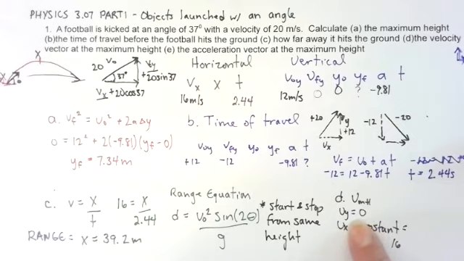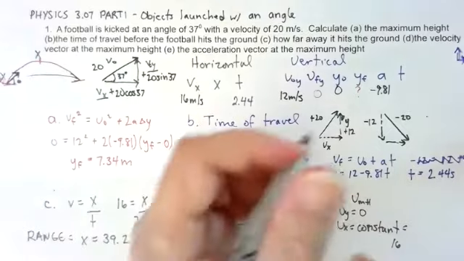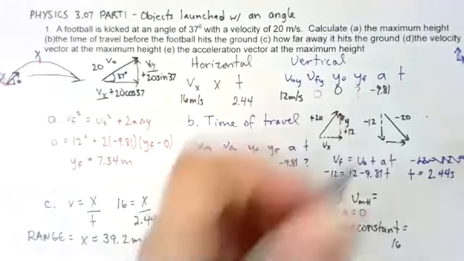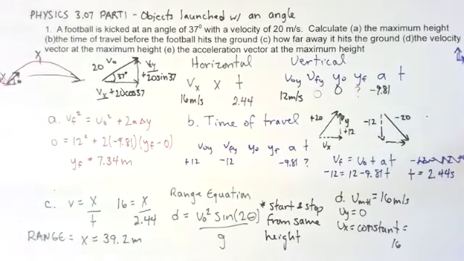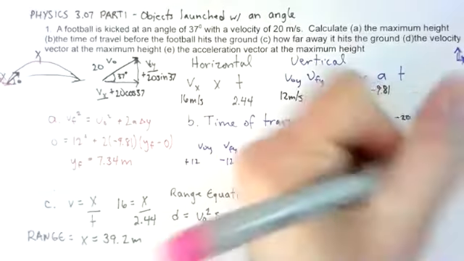But guys, that's in the vertical. You have a horizontal value too, so that means that your velocity at the top of the flight path, in this case, is going to be 16 meters per second in the horizontal.